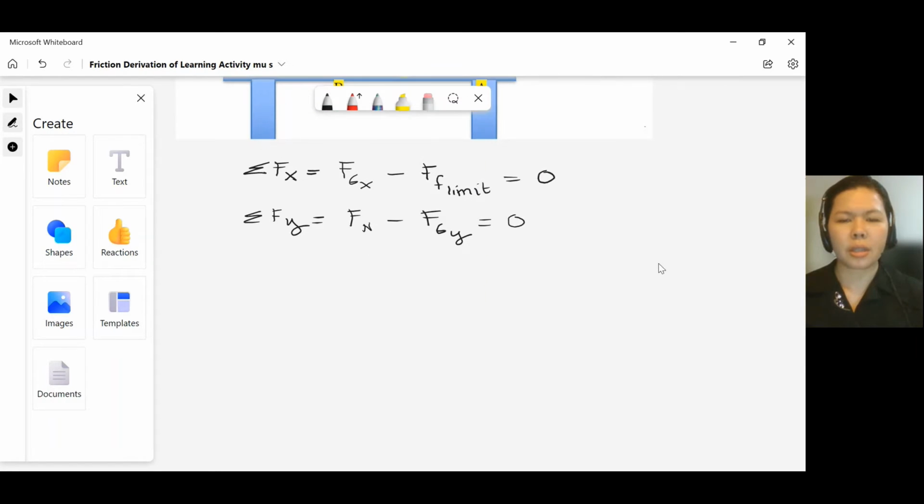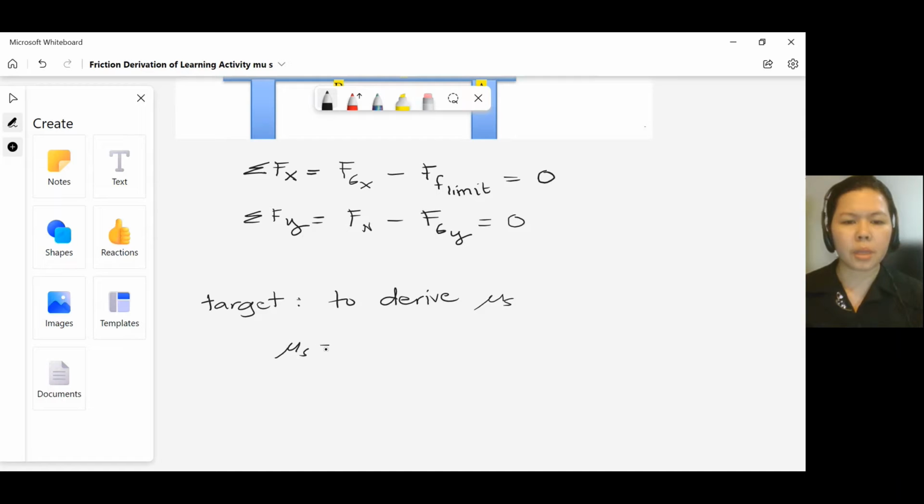Our target here is to derive or obtain the expression of mu sub s from our setup or experiment.